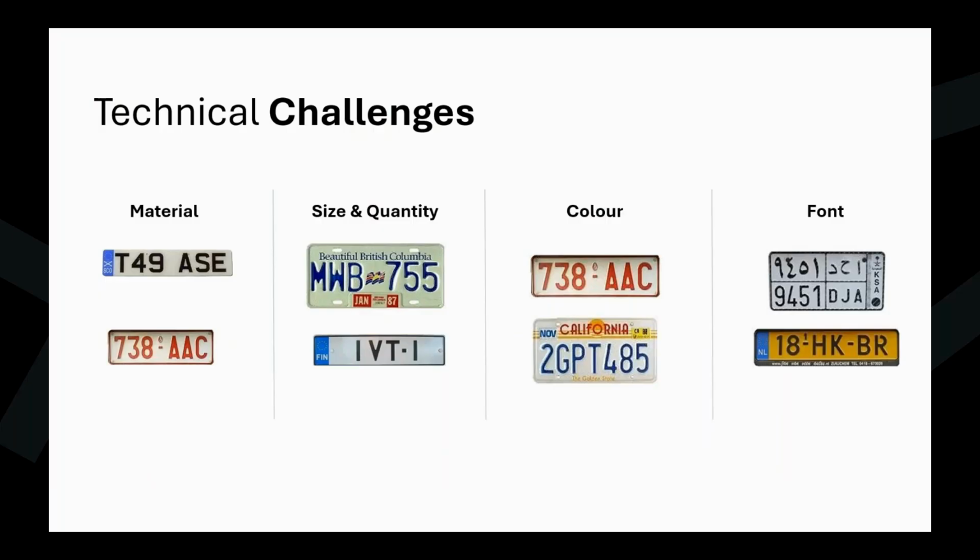The size and quantity of the plate is also very important. Obviously, the size being the size of the lettering, which makes it harder to pick up, but also the quantity, albeit that's very regional. So some places in America, for example, will only have a single plate fitted. So of course that means the installation itself needs to be always facing in a certain direction and not both.